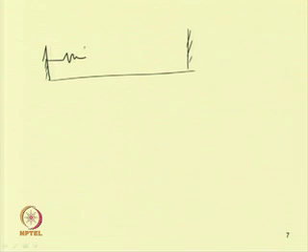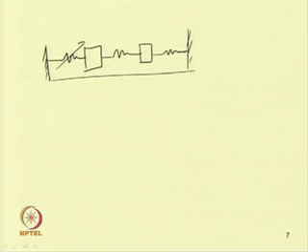Let us take a simple structure we saw in the last class also, a simple spring mass system. Here we can make the spring nonlinear, or all the springs can be made nonlinear, and this nonlinearity may be of quadratic or cubic type.